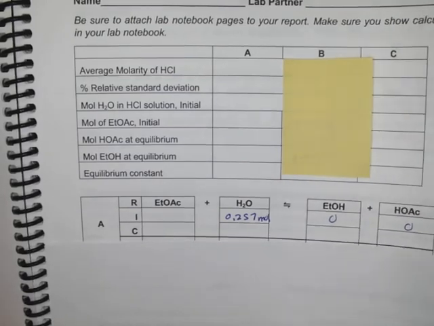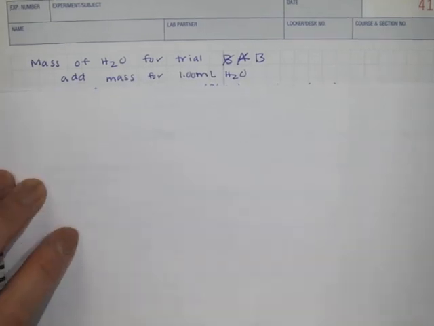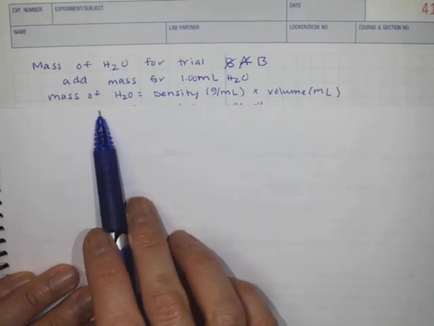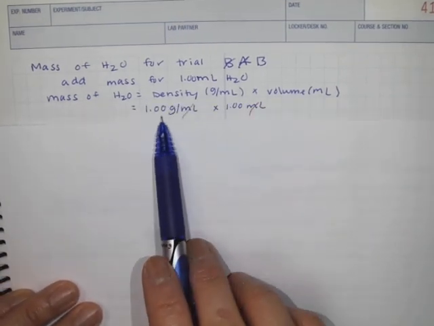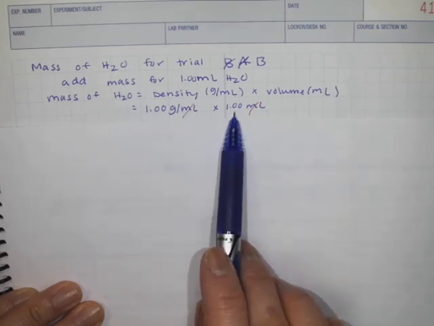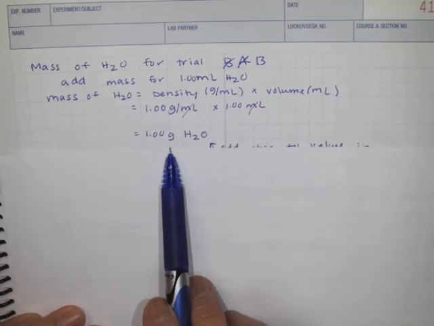And then we can calculate for B. The way that you would do B differently is that one has an extra mL of water. So you're going to add the mass for 1 mL of H2O. So the mass of water, again, is density times volume. The density of water, you can use 1.00 grams per mL times 1 mL of water. That's 1 gram of water.